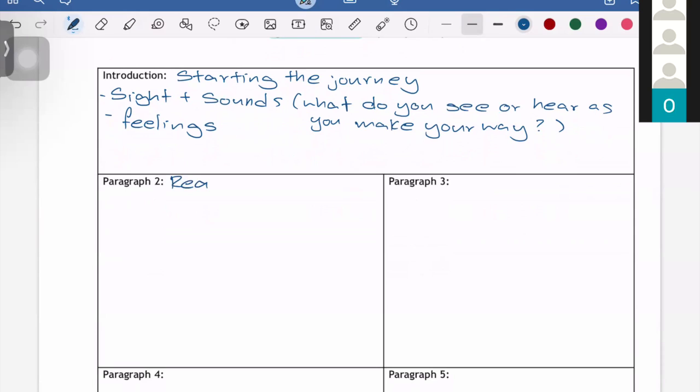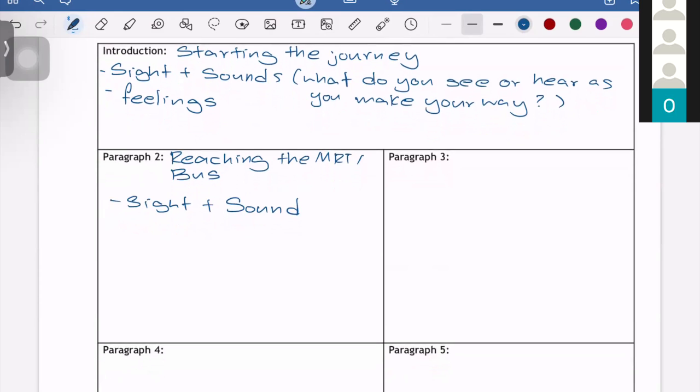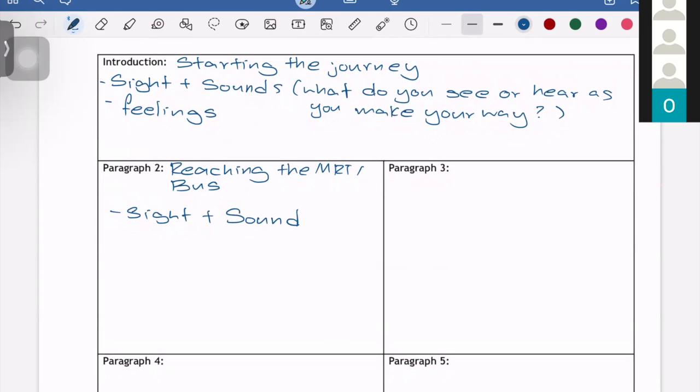Paragraph 2. So reaching either the MRT or bus, focus on your sight and sound again. Some details that you can include: who do you see?